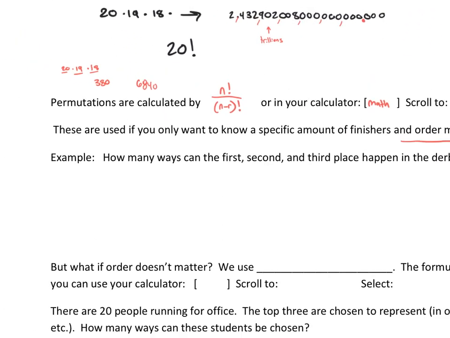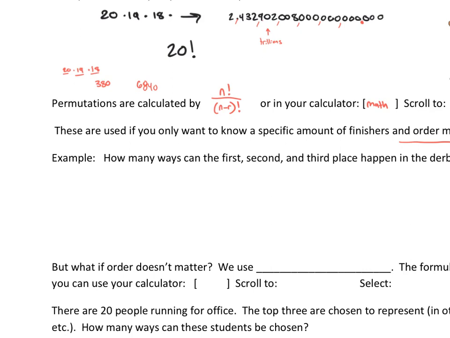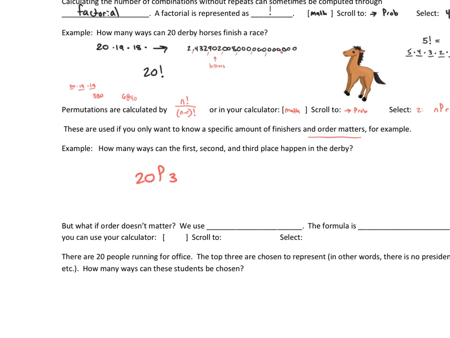We can do that with a formula of permutations. And what would it look like? It'd be 20 permutation 3, because there's 20 horses, and we wanted to know how many ways can they fill the first 3 slots. And when you type that in on your calculator, and I encourage you to try it, you get the same answer that we had gotten right here.